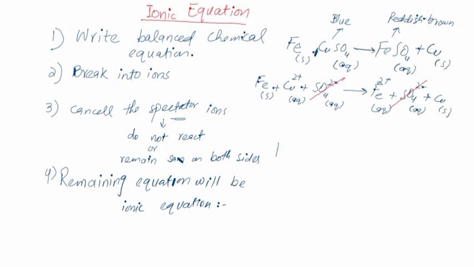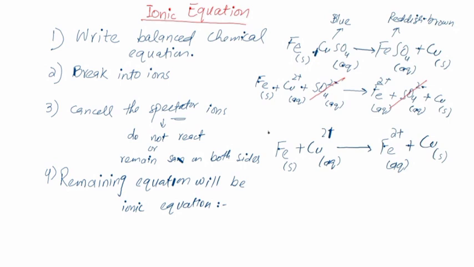So I'm going to write here once more the remaining iron, Fe. Here it is neutral, it has zero oxidation state, but after discharging as a solid copper displacing, it gains a 2+ charge, it releases electrons and it gets oxidized, and copper gets reduced because copper is lower than iron in the reactivity series.